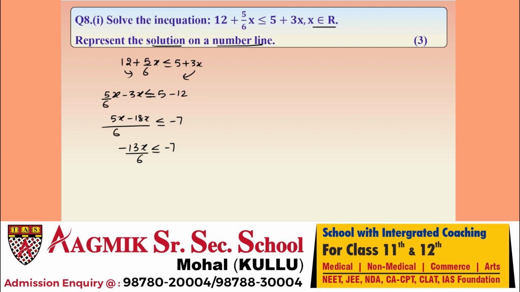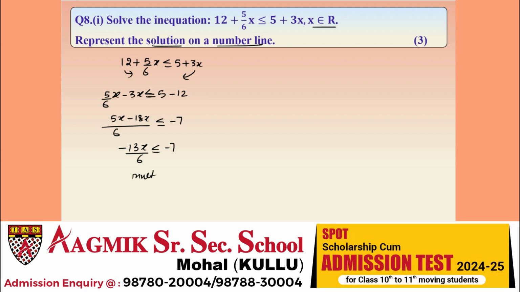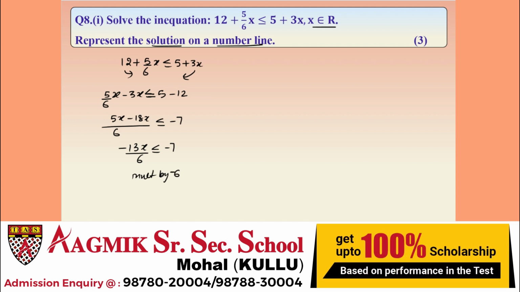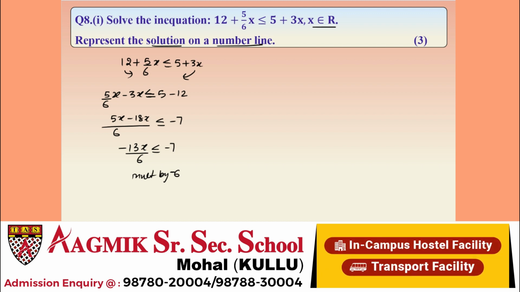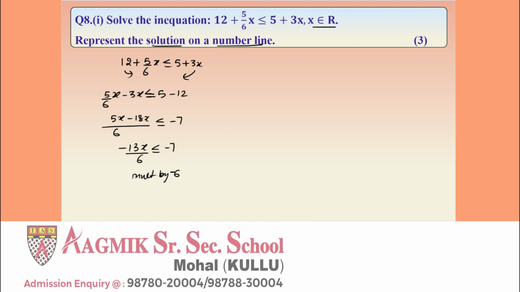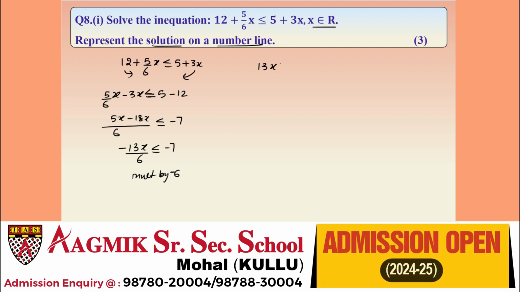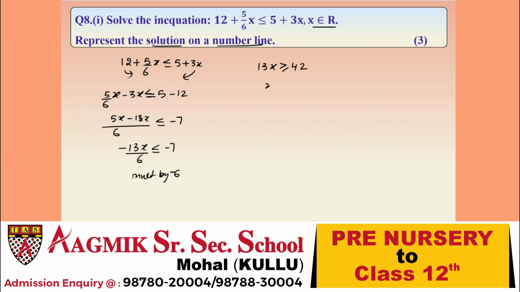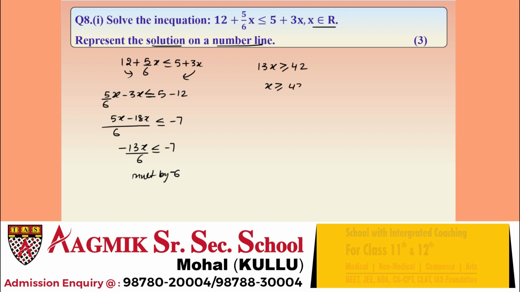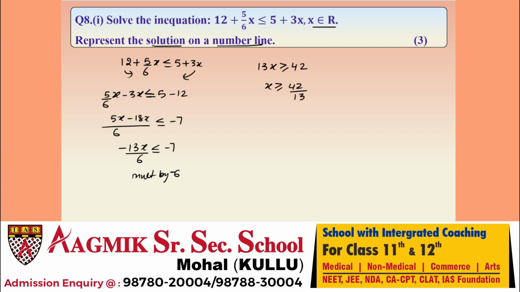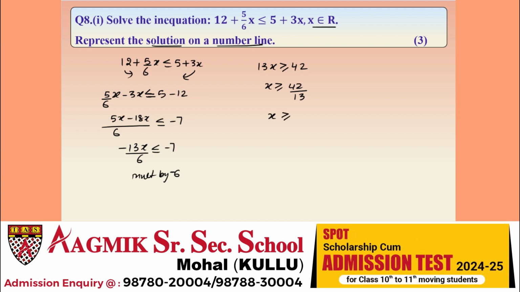Now what we can do is multiply both sides by minus 6 so that negatives get cancelled. If you are multiplying by a negative quantity, the sign of inequality will change. So we have 13x is greater than or equal to 42. That means x is greater than or equal to 42 divided by 13, which is 3.23.